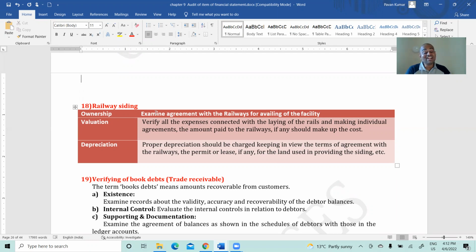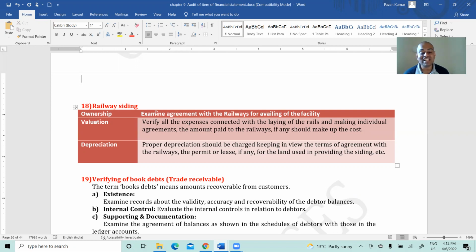Then this private track is laid between this railway station up to the Reliance Industries township inside the factory. So the train comes up to this point on the Indian Railways track. From here it will take a turn to the Reliance Industries track and go inside the Reliance.